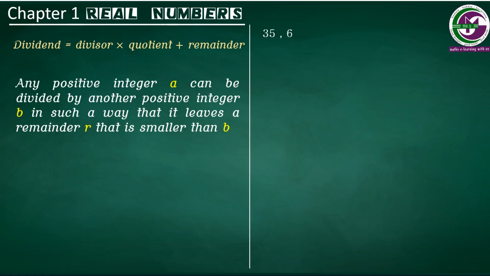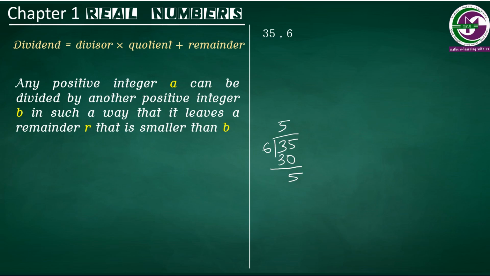Okay, so first one, 35, 6. We'll divide this one and we'll verify. So 35 divided by 6. How many times? We know 5 sixes are 30, so the quotient is 5 and the remainder is 5.